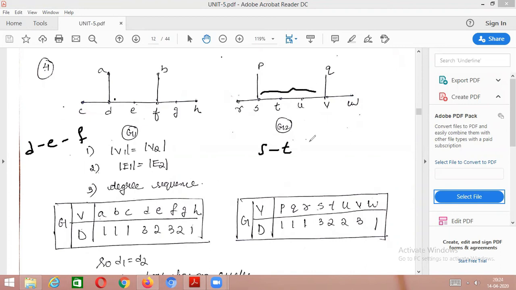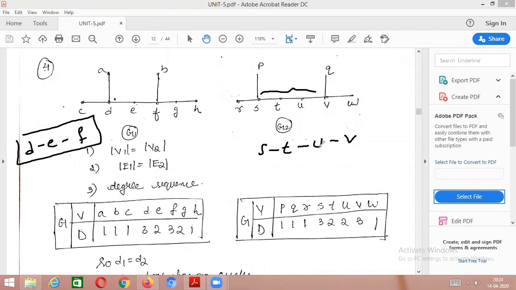S to T, T to U, U to V. This is not the same. The path is D to E, E to F. But what is there here? S to T, T to U, U to V.